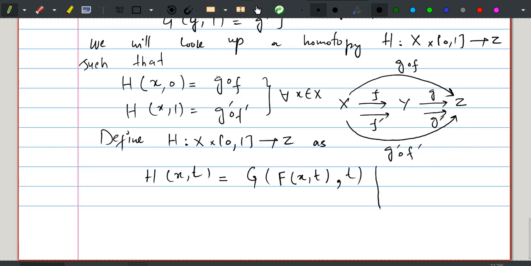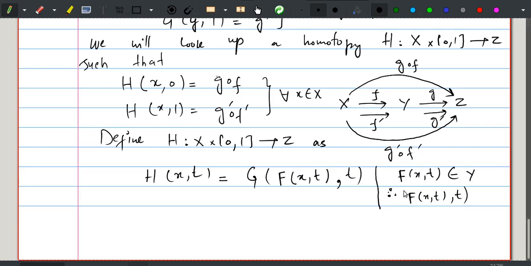One can see that this F of (x,t) belongs to Y, because F is a homotopy from X to Y. So F of (x,t) has to be in Y. Therefore this pair, F of (x,t) and t, is in Y times the interval [0,1].